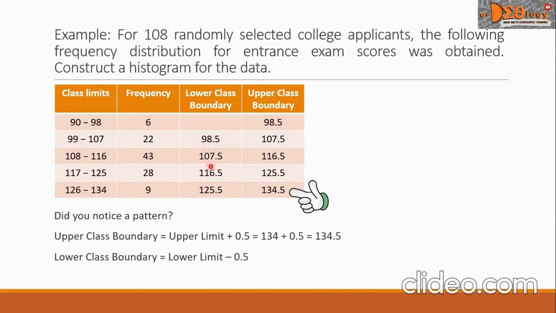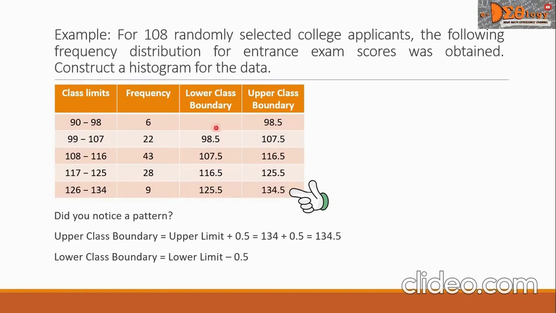Also, this 107.5 may come from 108 minus 0.5. This 116.5 comes when we have 117 minus 0.5. And the last, the 125.5, may come from 126 minus 0.5.